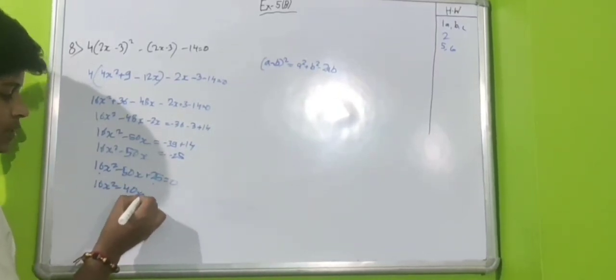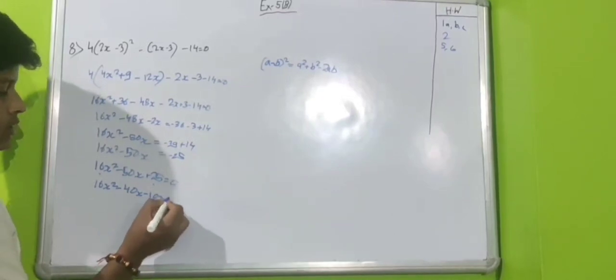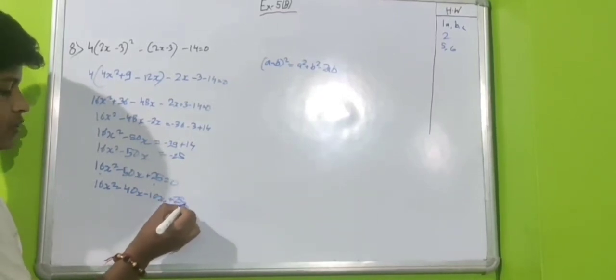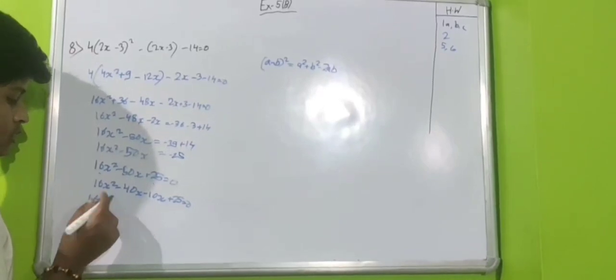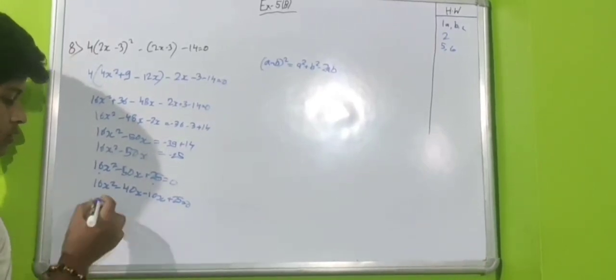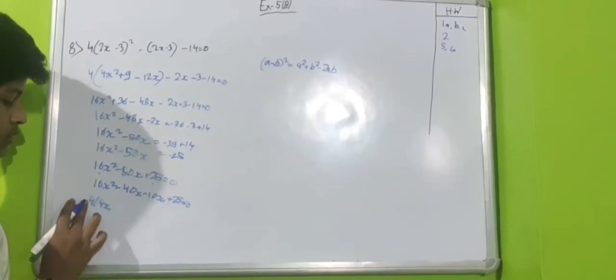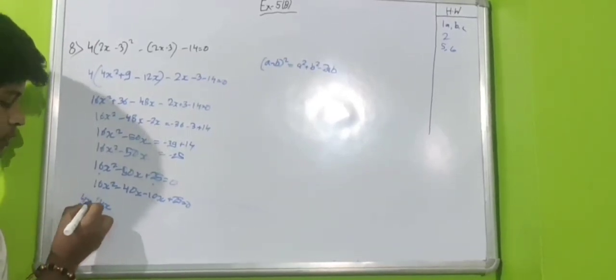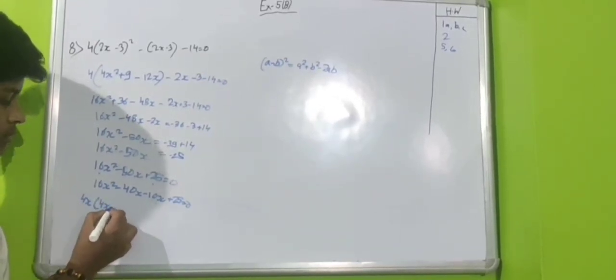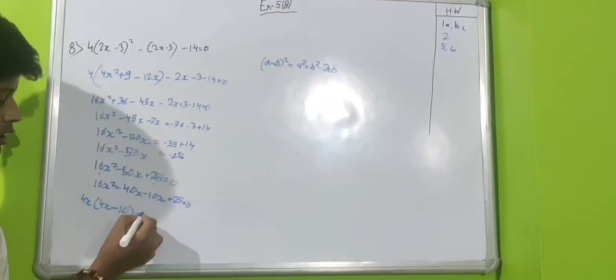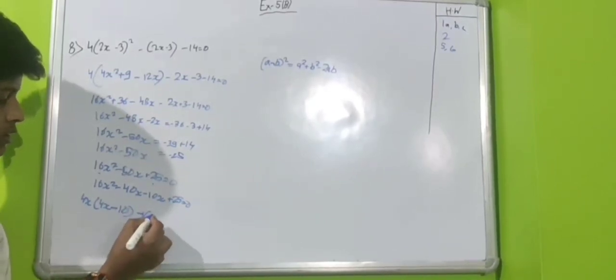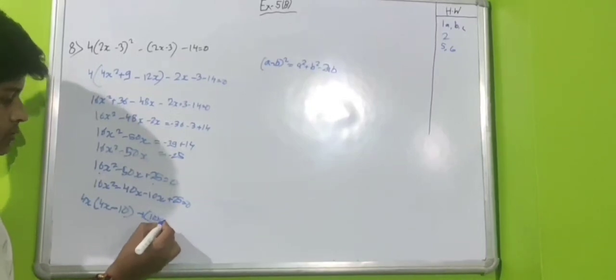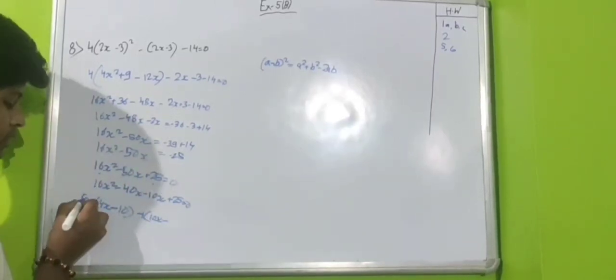Minus 40x minus 10x plus 25 is equal to 0. 16 for outside, 4x, here 4x will come out, 4x minus 10, here plus 1, sorry, minus 1, here 10x minus will be 8.